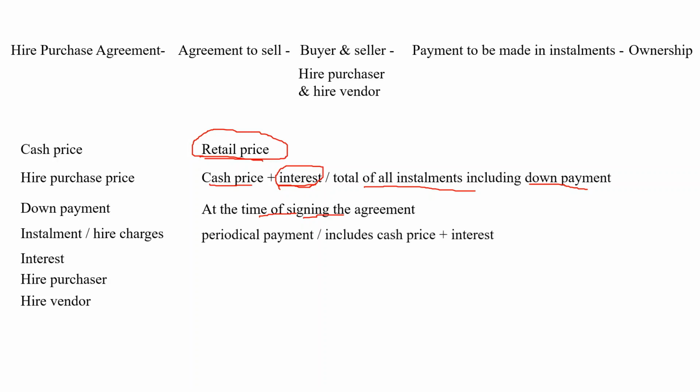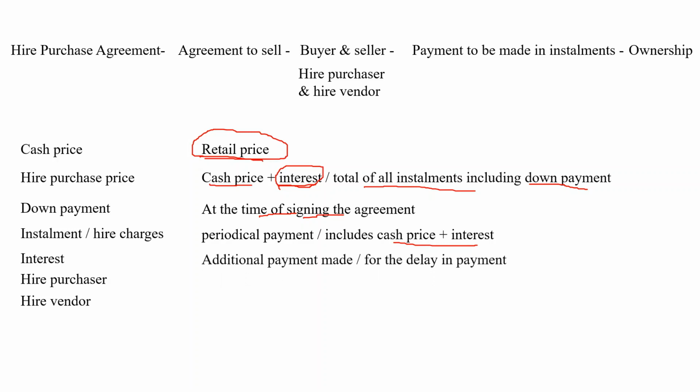Then installment, also called hire charges. Installment is the periodical payment which is paid after a set of periodical intervals, say quarterly, half yearly, annually. So after the end of a certain period, the payment is made. That is called installment. That installment includes cash price plus interest.